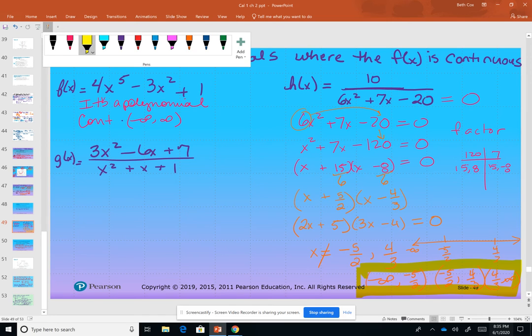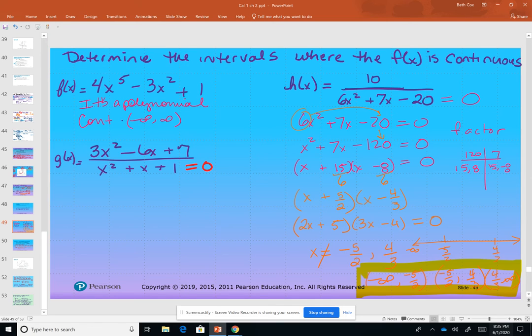Okay, the next one, we've got to know where its denominator equals 0. Okay, so x squared plus x plus 1 equals 0. I'm going to try to factor it, and it doesn't factor. All right, so now I need to use the quadratic formula.